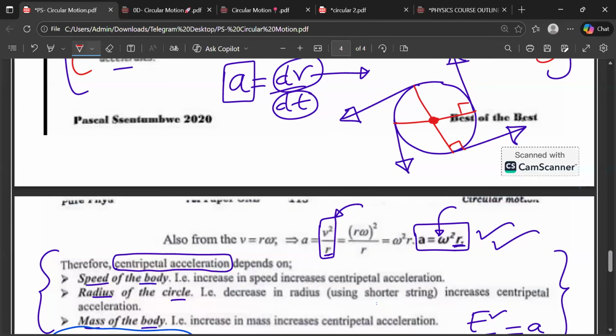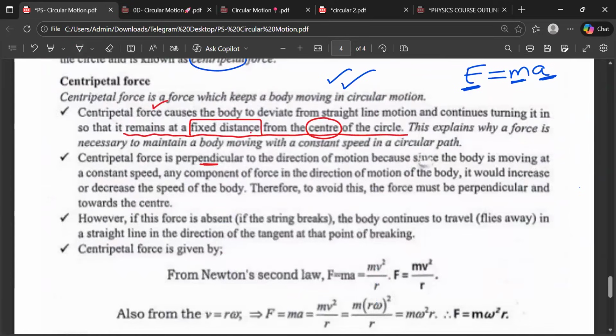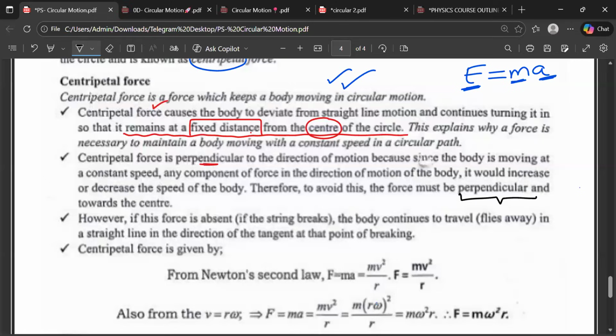If we say that centripetal force is acting towards the center and consider all these directions of motion, the ones we take as tangents, you see perpendicularity coming in. And it's not the first time we are mentioning it. That's why they are telling us it must be perpendicular and acting towards the center.